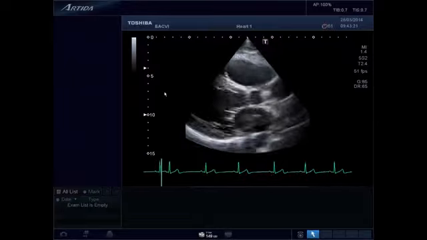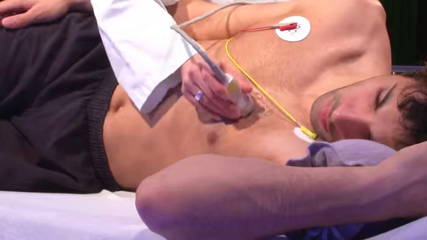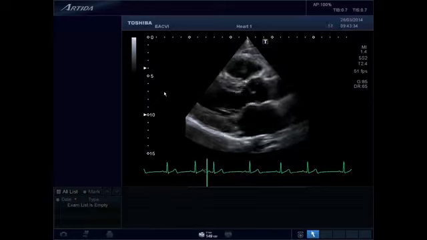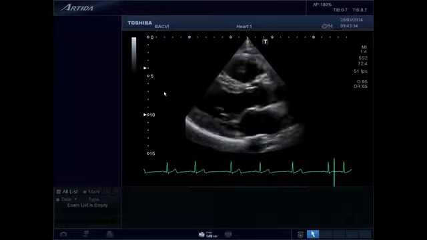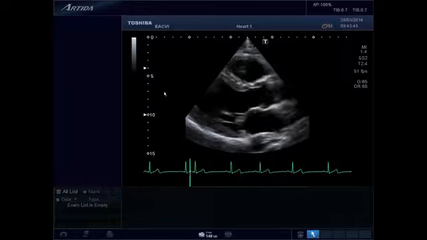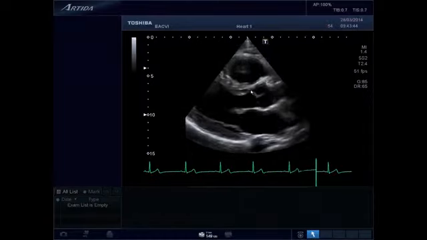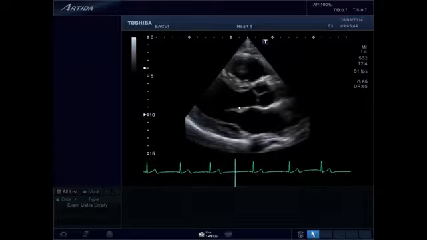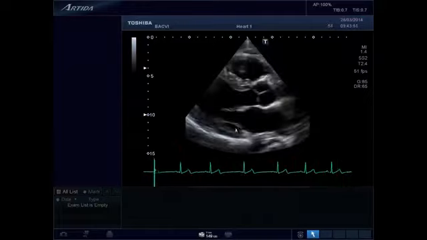Then I will focus my view. I will be a little bit down here in order to focus my view on the left ventricle and on the mitral valve. So when I'm here, I will try to have the cursor, I'm able to see still the aortic valve, but also the left atrium, the mitral leaflets with the anterior leaflet and the posterior leaflet.